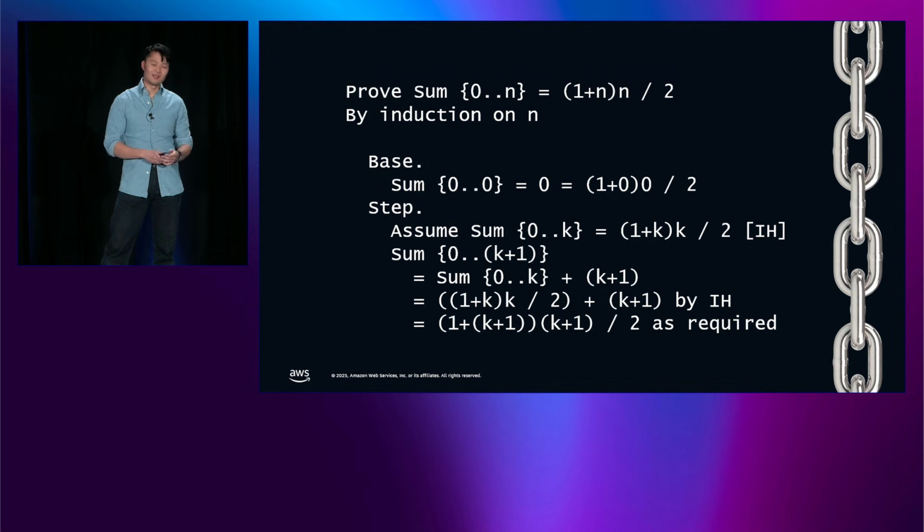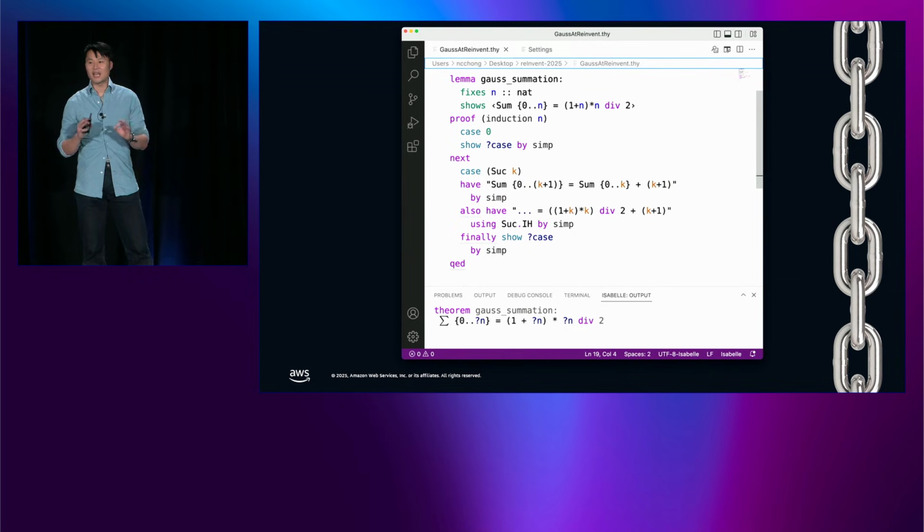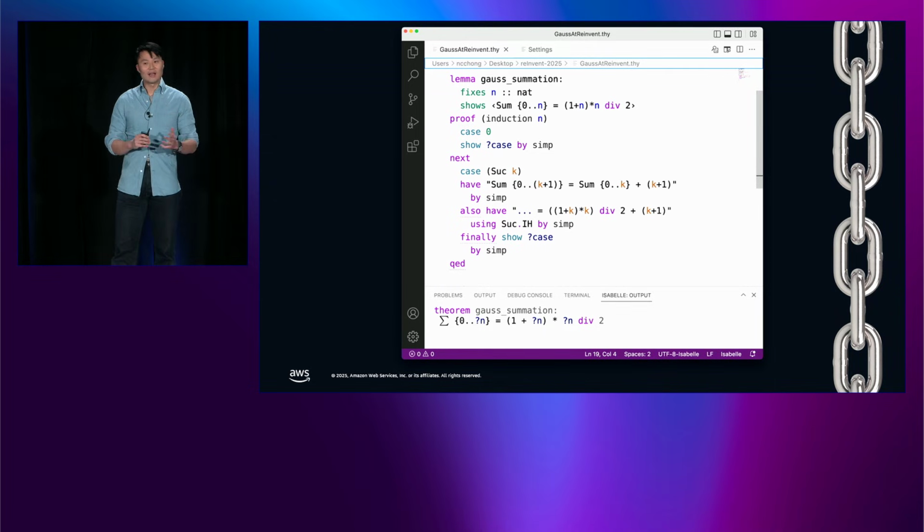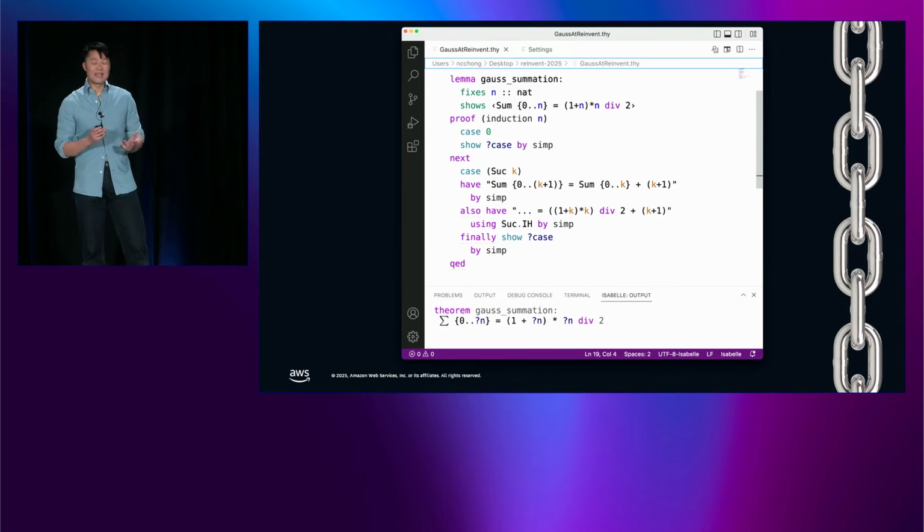But we can push this further using the Isabelle proof assistant. This is the same proof, but now in Isabelle. The proof of the previous slide was rigorous but informal because it relied on you as the reader to check the validity of each step. In this proof, we can rely on Isabelle to do that checking for us.